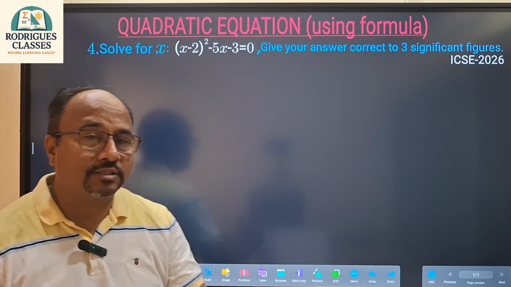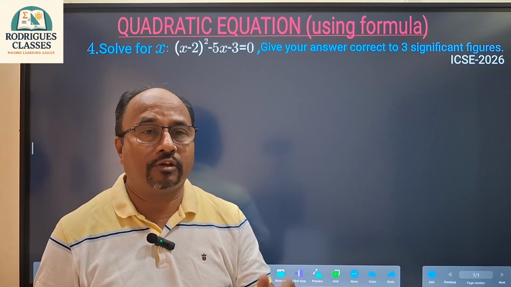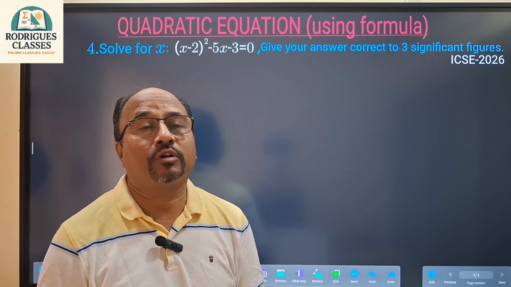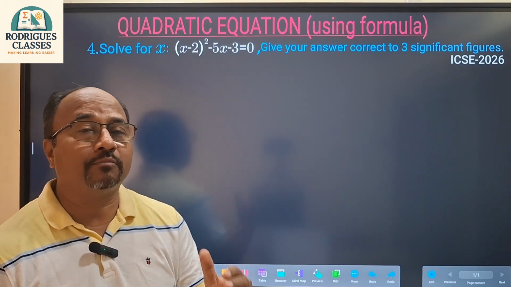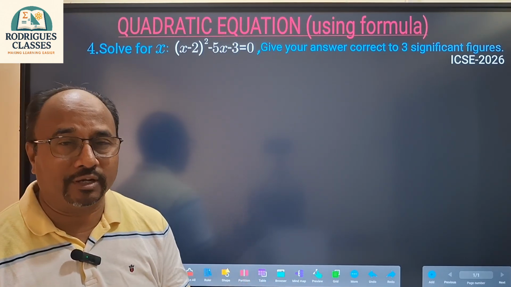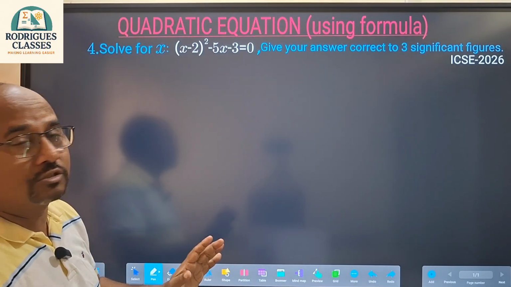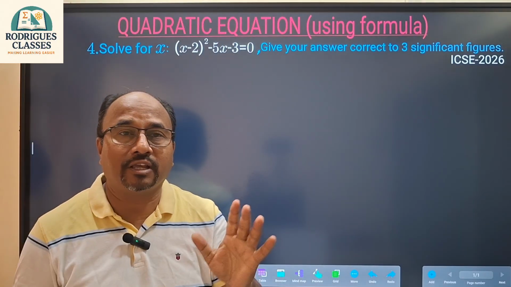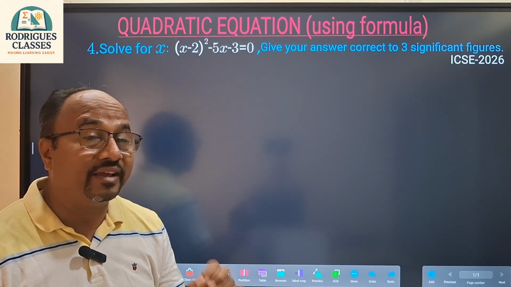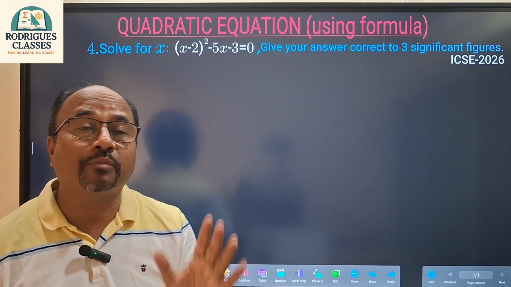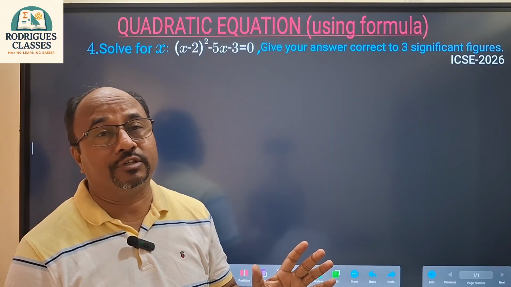Coming up to the last sum of this solving quadratic equation using the formulas. A very important sum. This question had come up in ICSE 2026. You have this equation (x minus 2) whole square minus 5x minus 3 equals 0. Currently, it is not in the quadratic form. You will have to bring it in the quadratic form first of all.